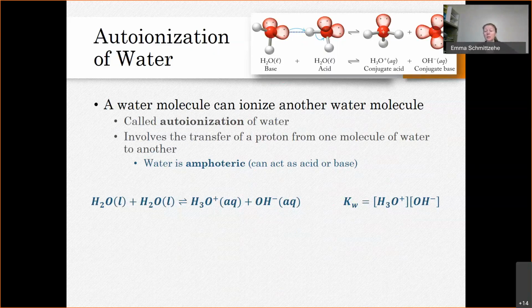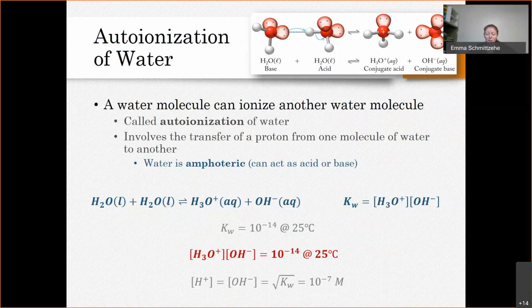So this equation, KW equals H3O plus times OH minus, we can use for any aqueous solution, whether it's pure water, some acid in water, some base in water, or some salt in water. This equation always holds true. And we do know the value of KW, but you have to be careful. It is a temperature dependent value, just like any other K.